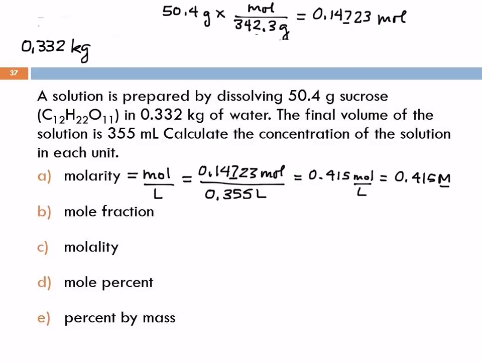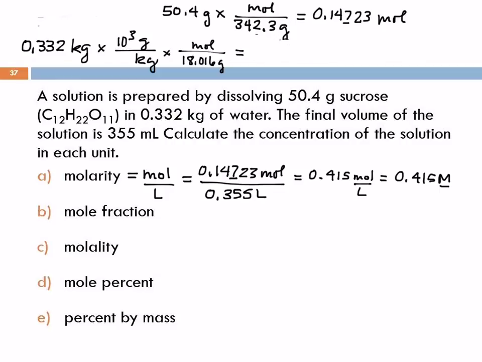0.332 kilograms of water. We need moles. So first we go to grams. So I've got kilograms down here, grams up there. But you know, some of you want to do that in your head, that's fine. And then we're going to use the molar mass of water to convert to moles.